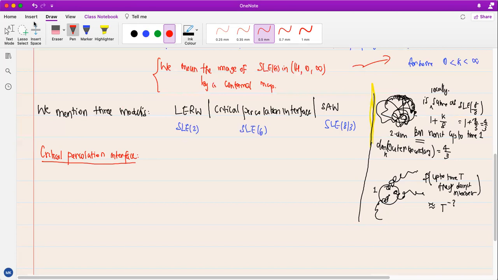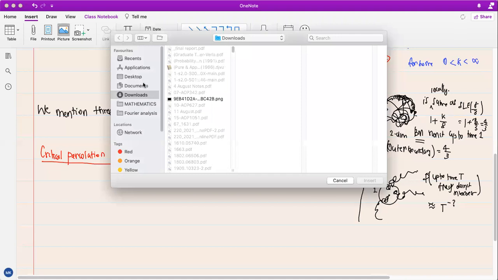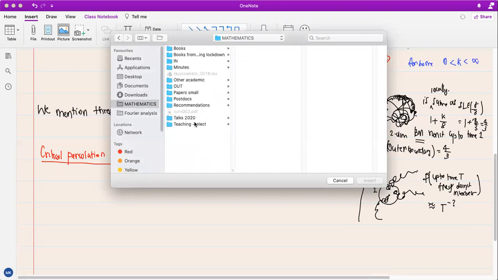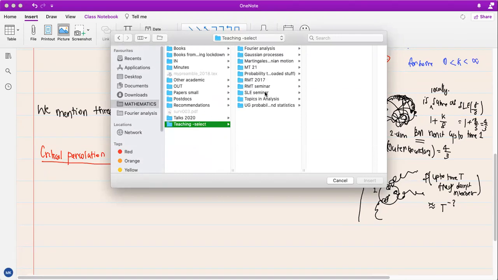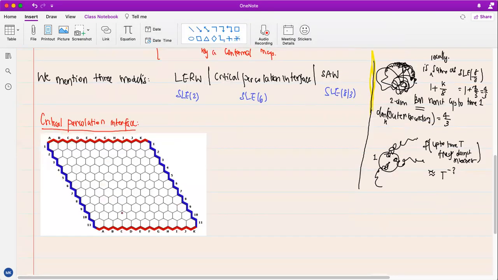So what is critical percolation? Let me insert a picture. I just downloaded one picture from the internet. I don't know how big this will be. Okay, it's a reasonable size.